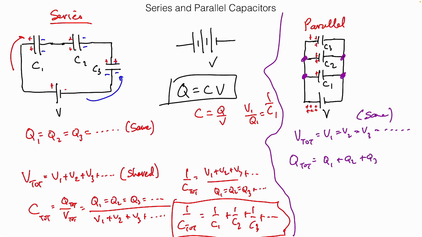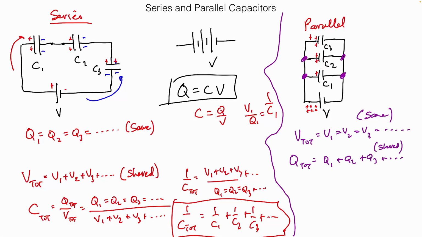And the charges get split up based on the capacitances. In series, all the charge was the same, and it was the voltage that got split up. In parallel, it flips. Voltage is the same, which means the charge has to be different if the capacitances are different. So we say that this is shared.